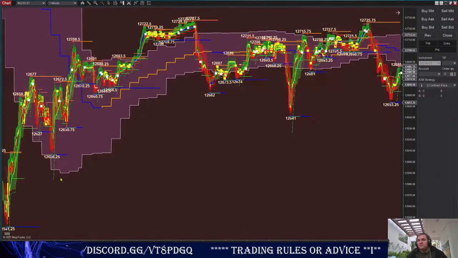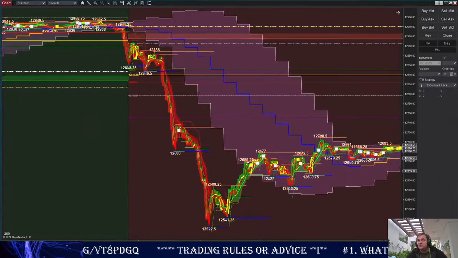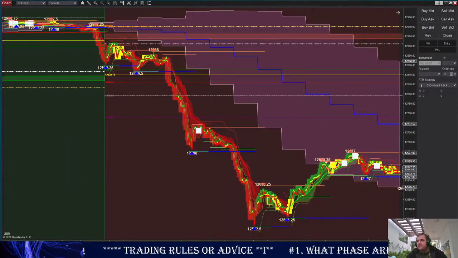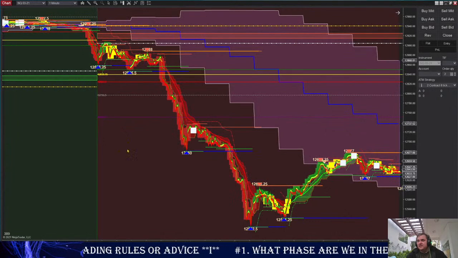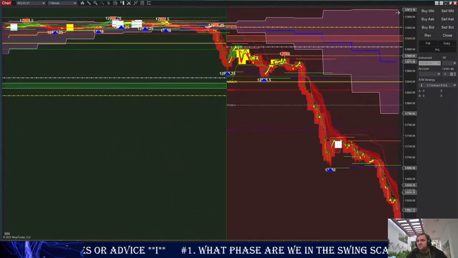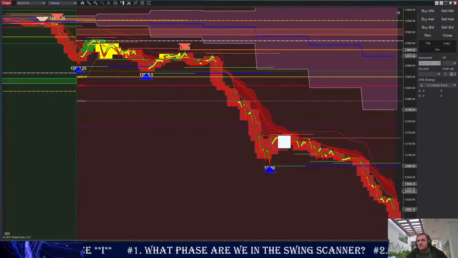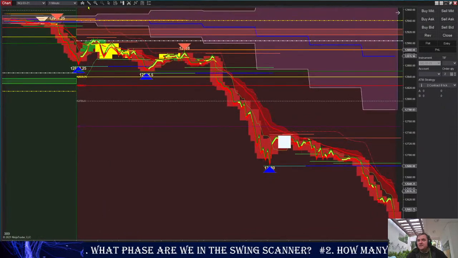Now look at the risk versus reward on this. This is day trend, remember. Okay, see? Look at our risk versus reward. I always talk about risk versus reward. We've had, let's go back in here.